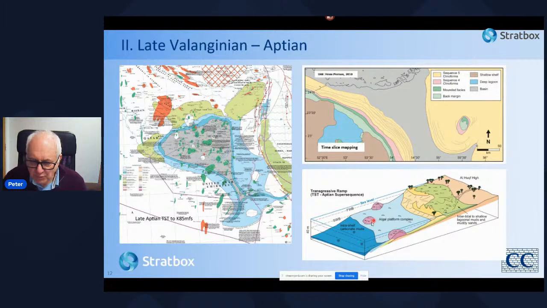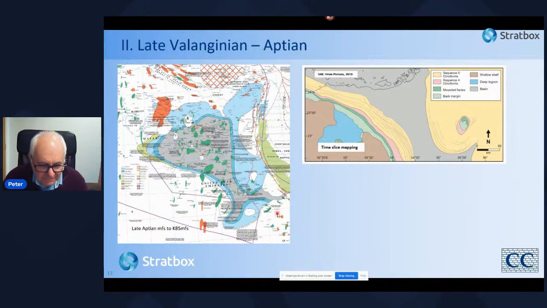And then we pass into a more ramp-like profile where we have a deeper mid-ramp wackestone, packstone deposited below fair-weather wave base and containing some algal and rudist patch reefs. And then we pass down dip below storm wave base into the intra-shelf carbonate muds in the Bab basin itself.